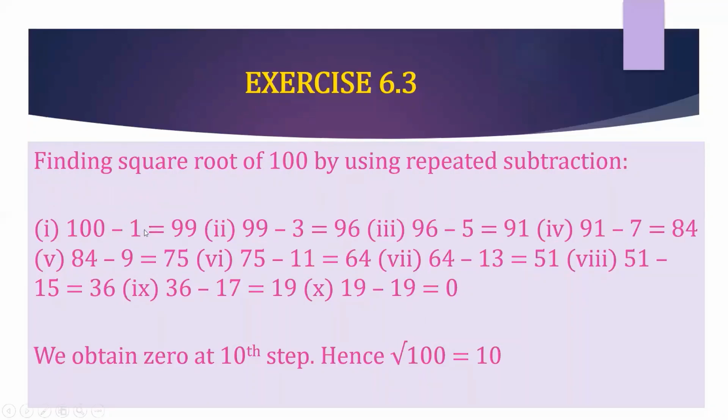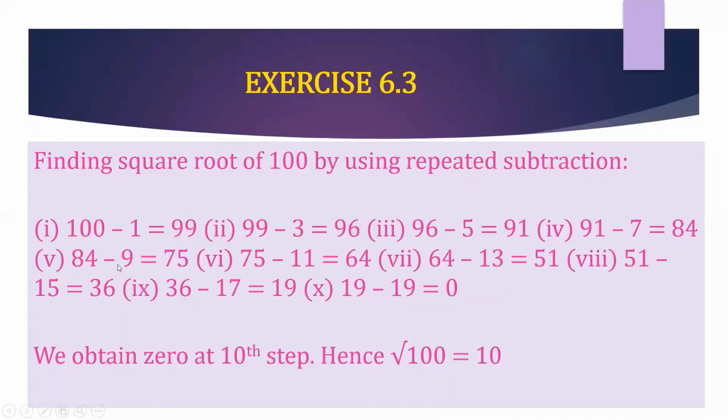So 100 minus 1 is 99. Then the next consecutive odd number after 1 is 3, so 99 minus 3 is 96. The next consecutive odd number is 5, so 96 minus 5 is 91. Then 91 minus 7 is 84.